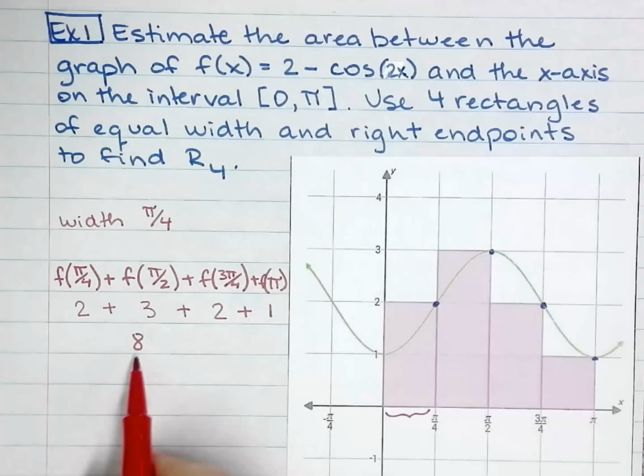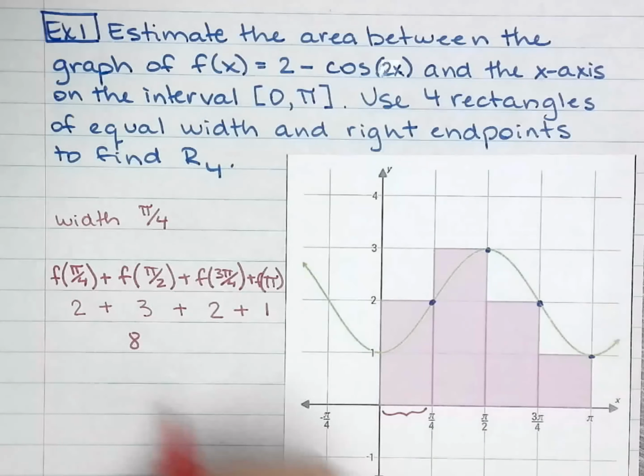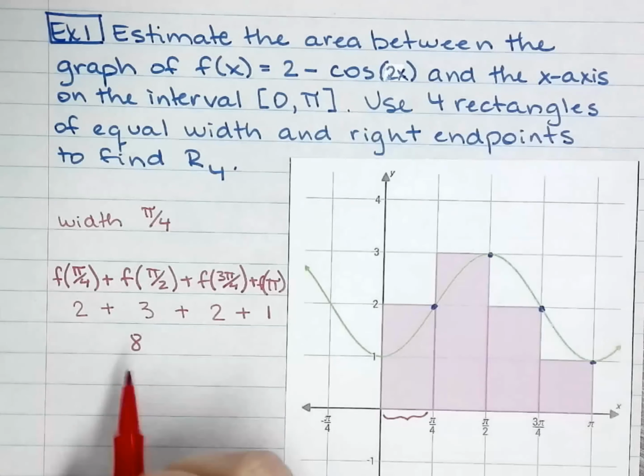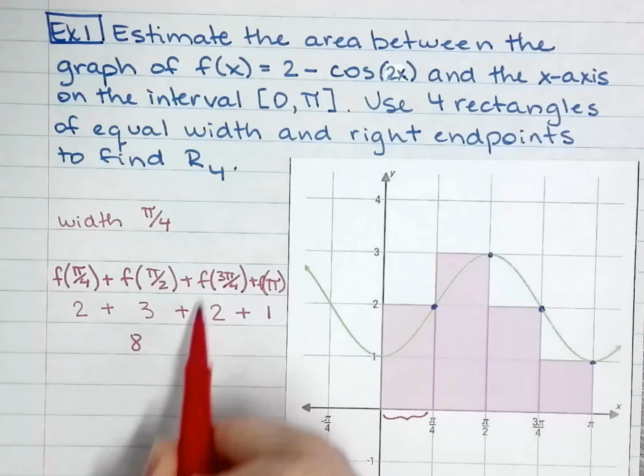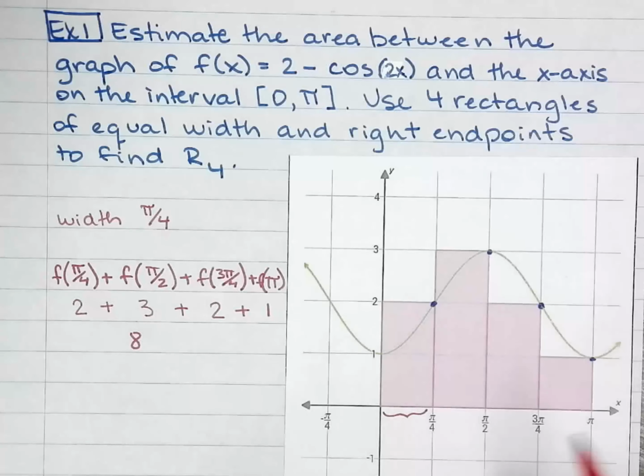Now that's great, but that would be if the width of each rectangle was 8, but it's not. It's pi over 4. So you can multiply each one of those by pi over 4 to find each one of these areas.